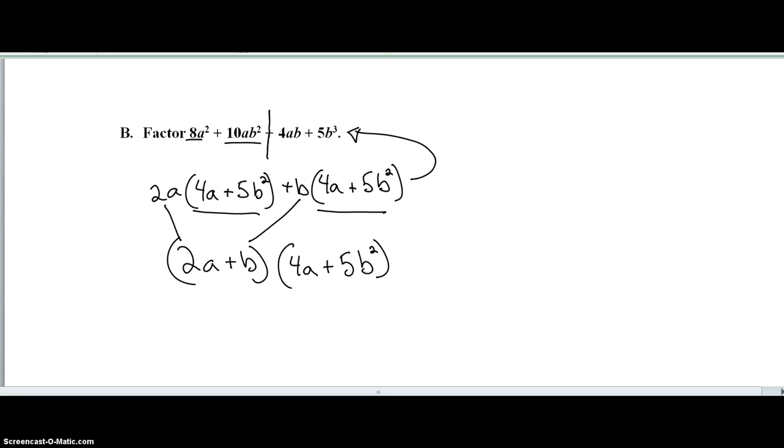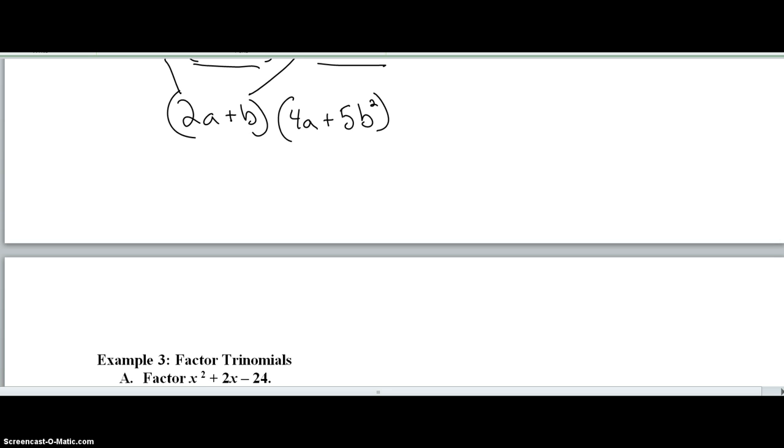Okay, let's flip over to the next page and look at our first example of factoring a trinomial. Remember what I said, basically we're going to undo FOIL. So we want to end up with a binomial.